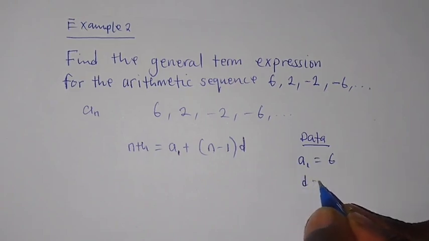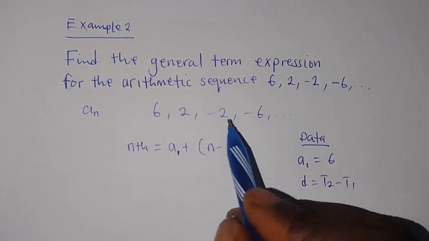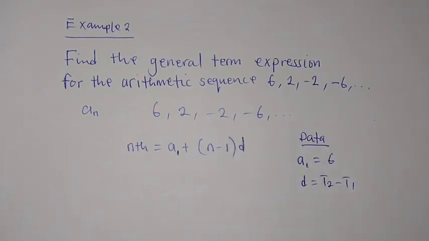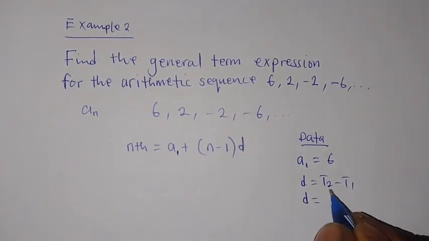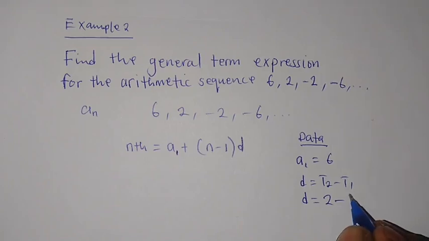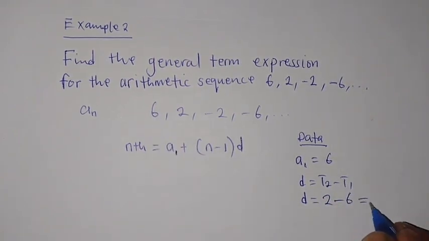Then our common difference is found by term 2 minus term 1, or term 3 minus term 2, or term 4 minus term 3. I'll still get the constant value. So our common difference is term 2, which is positive 2, minus term 1, which is 6. So 2 minus 6 gives negative 4. This is our common difference.